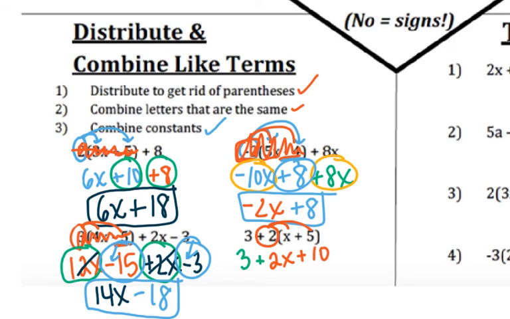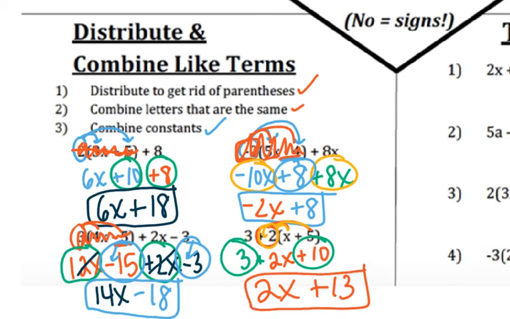So I just distributed this 2 to this term, and I got 2x, and then to this term, and I got 10. Now, combine like terms. 3 and 10 is 13. So the final answer is 2x plus 13. 2x had nothing to combine with, so that just came down. And then I combined my constants. 3 plus 10 is 13.